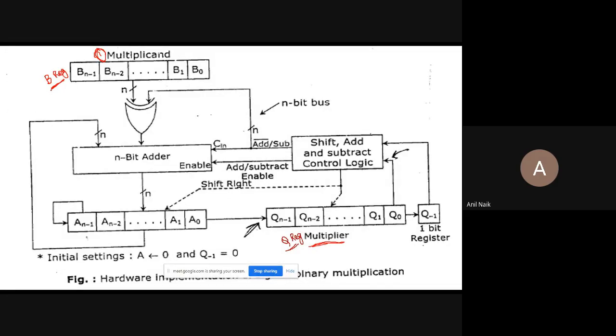So one number, the multiplicand, is in the B register, and the multiplier is in the Q register.